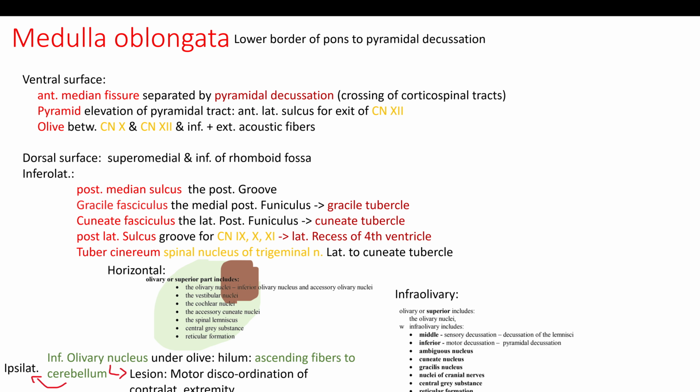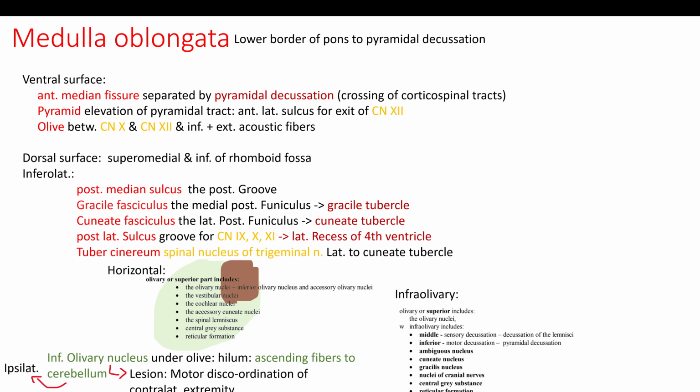The inferior lateral part includes the posterior median sulcus, posterior groove, and the fasciculus gracilis, the medial part of the posterior funiculus, lower half of the body, with termination called the gracile tubercle, which is the swelling of the nucleus gracilis.